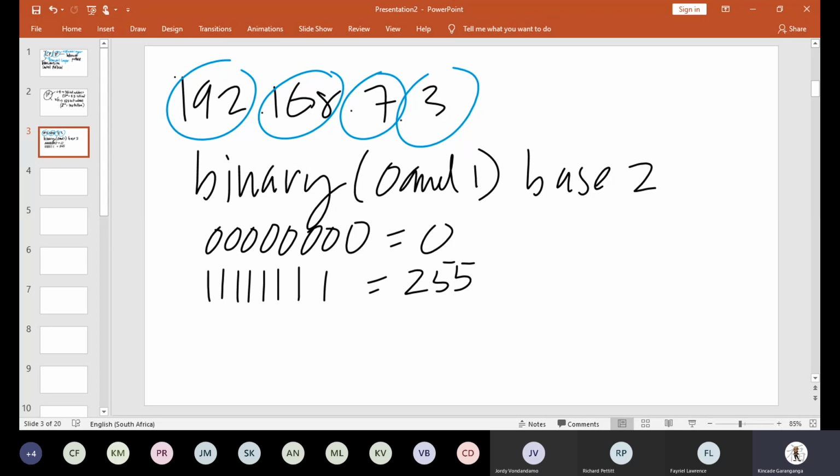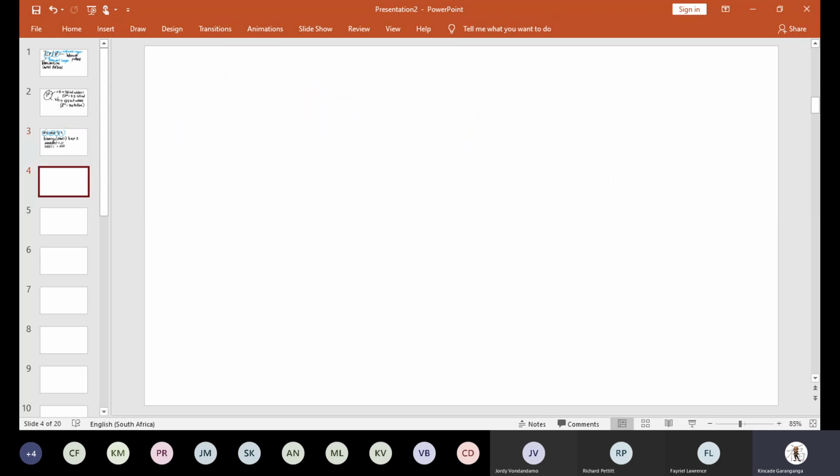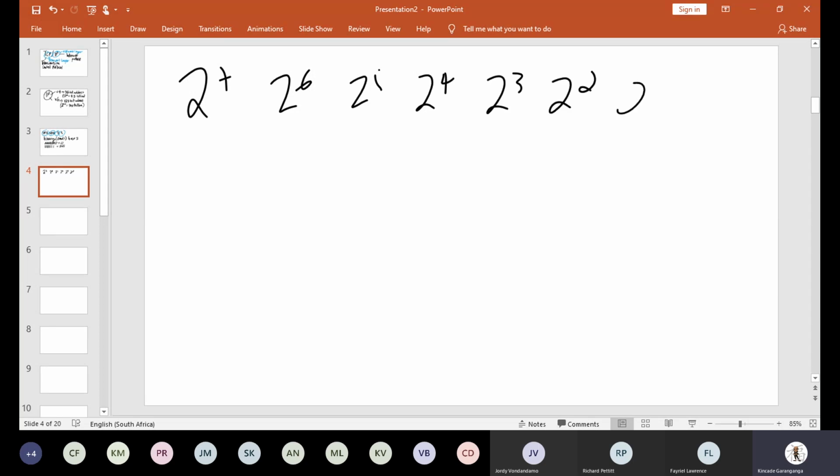And where is this numbering coming from? If you look at the concept of binary, base 2, you've got 2 to the power 7, 2 to the power 6, 2 to the power 5, 2 to the power 4, 2 to the power 3, 2 to the power 2, 2 to the power 1, and 2 to the power 0.